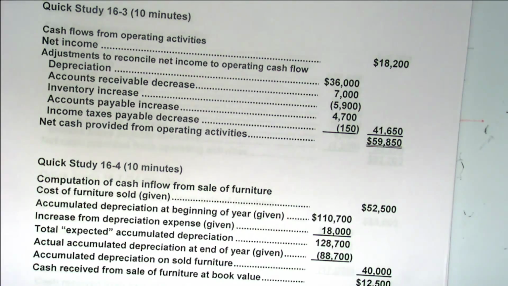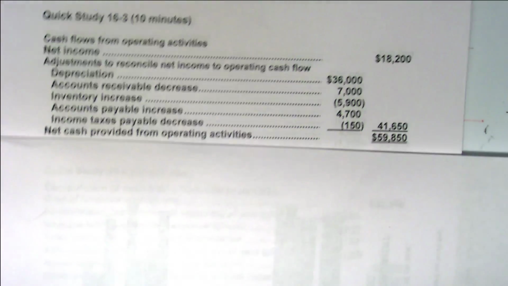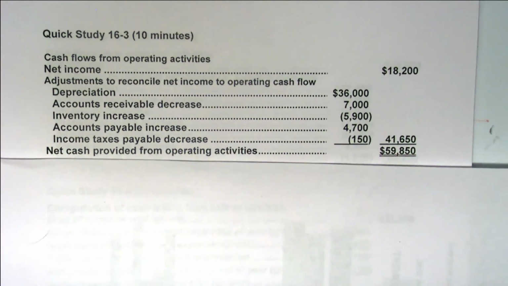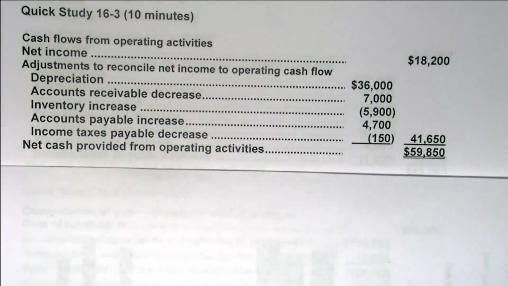Anybody get an answer? 35,700. Let me see, I don't remember what it is. No, it's not that. Anybody else get a different answer? Is it 59,850? 59,850. You are correct. 59,850. So if you made a mistake, just take a look.